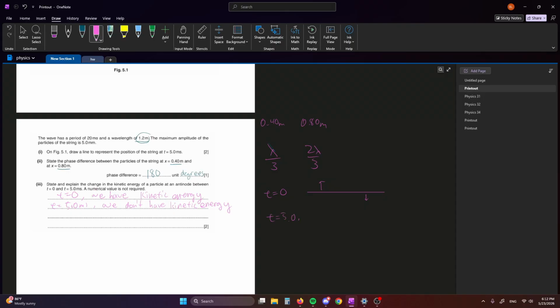As for t equals 5.0 milliseconds, if we have a wave like this, technically it is not moving at this instant of time, simply because we're reaching our maxima, right? And if you've done calc, if you reach a maxima, our slope is 0. So we're going to have no velocity, and then our kinetic energy is going to become 0.